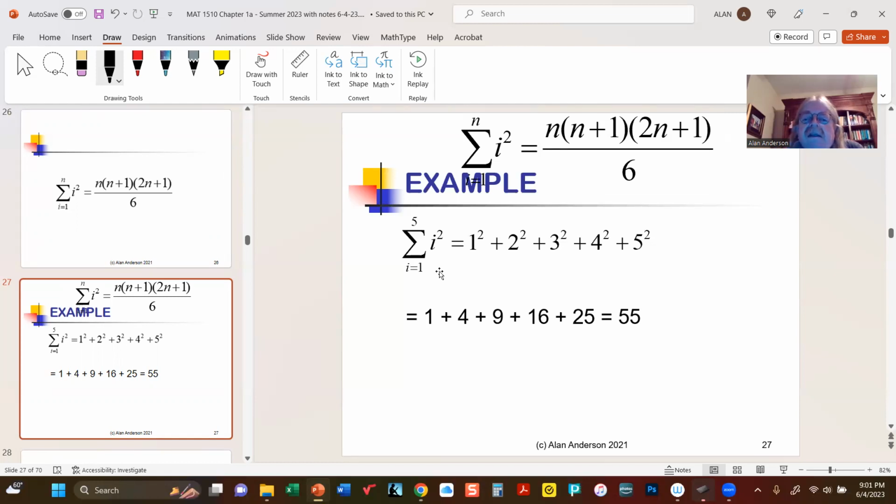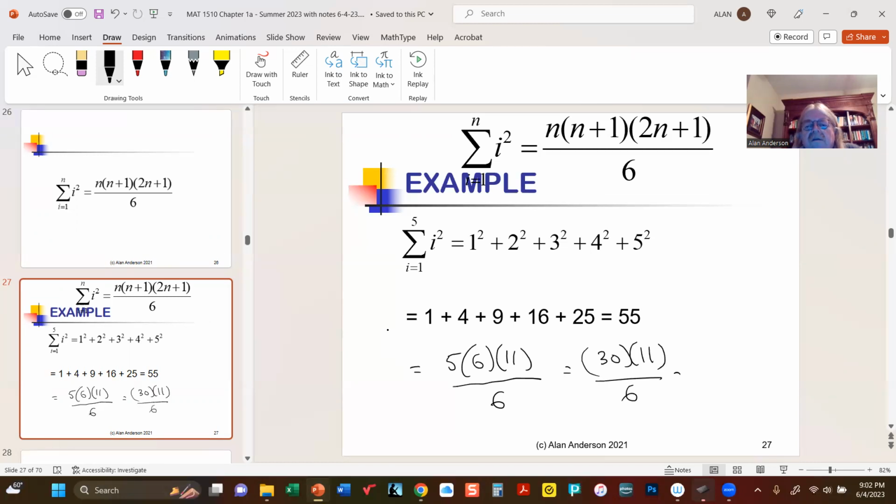If you do it manually, of course, you'll get 55. But following this formula, it's 5 times 6, and 2n plus 1 in this case would be 11, and it is 55. What do you know?